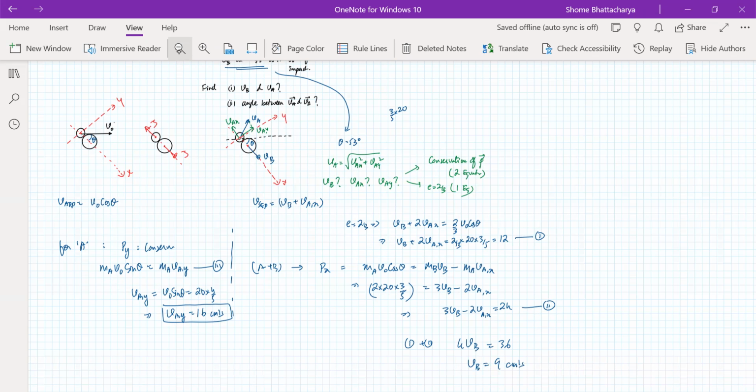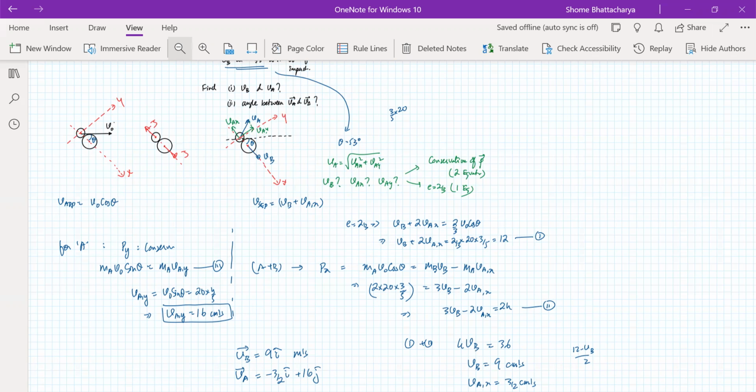And therefore VAX, from this equation, we can see is just 12 minus VB by 2. So 1.5, 3 by 2 centimeters per second. Finally, we can see in our coordinate frame, VB is coming out to be 9 I cap centimeters per second, and VA with proper sign convention is minus 1.5 I cap plus 16 J cap.